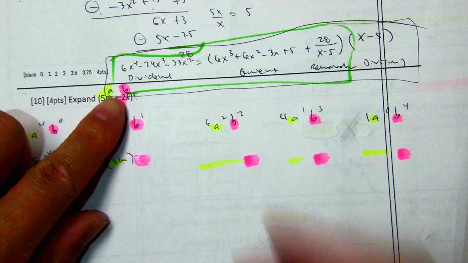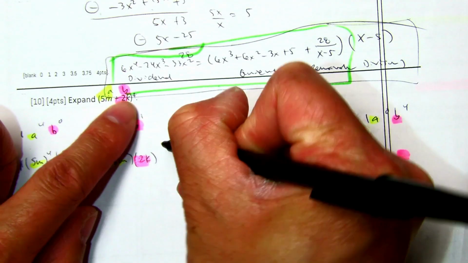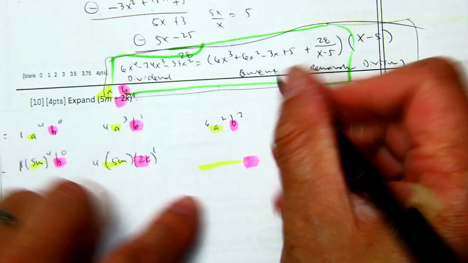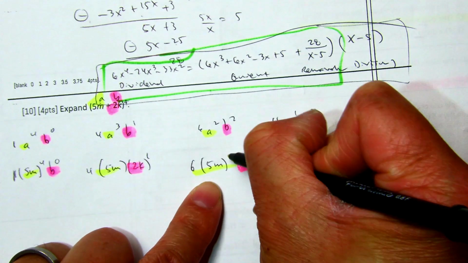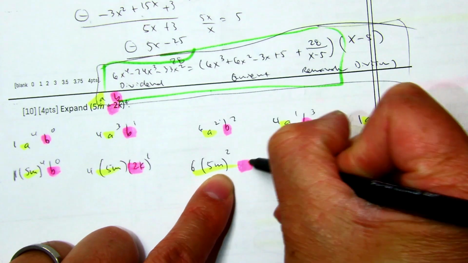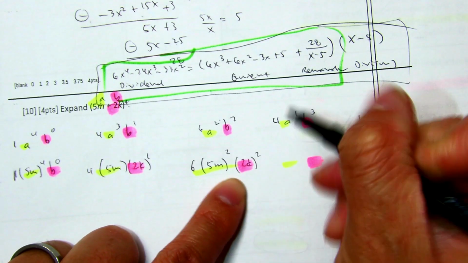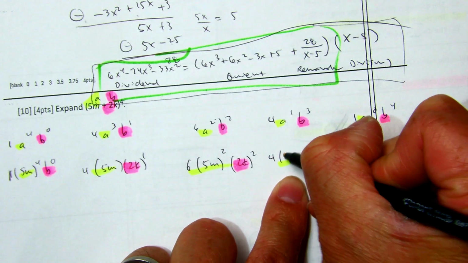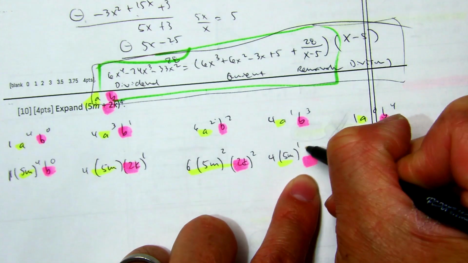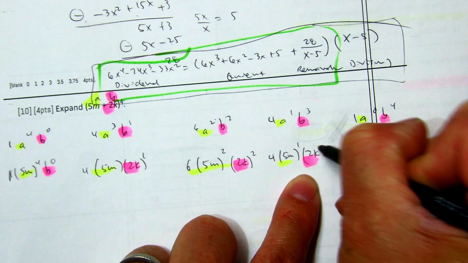So this would be 2k to the first power, 6 times 5m to the second power, 2k to the second power. And when the students struggled on this part here, that tells me they do not understand order of operations.